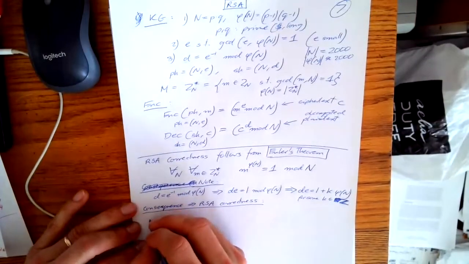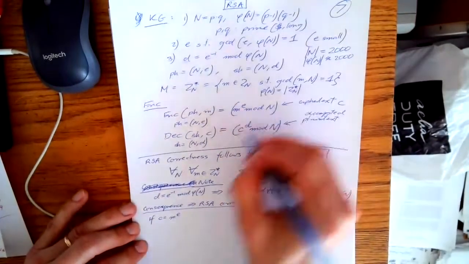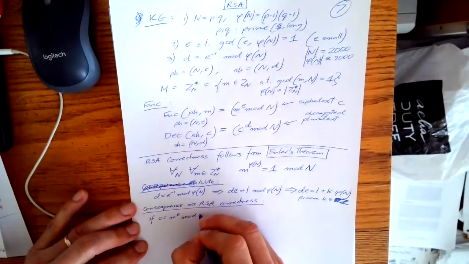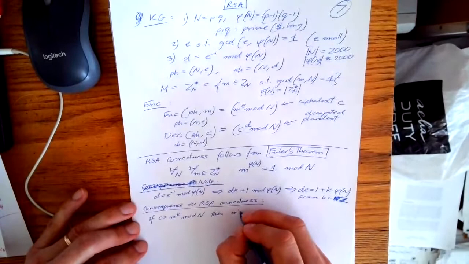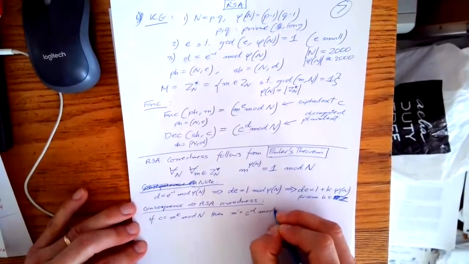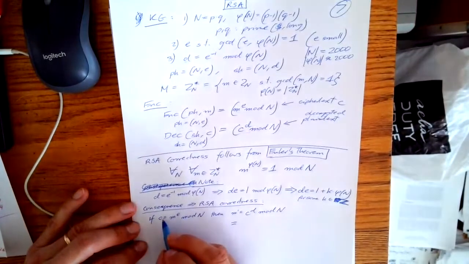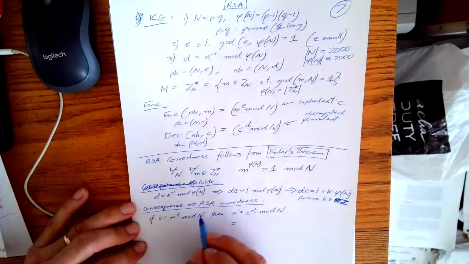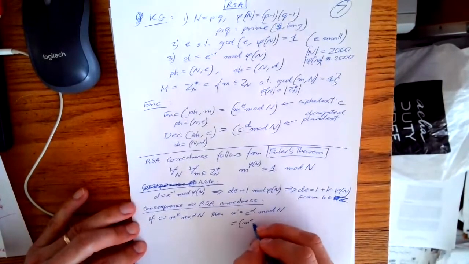So if C is m to the E, like it should be when you encrypt, then let's look at what M prime is, created by decryption. If I stick M to the E mod n for the ciphertext, I can rewrite this as follows.